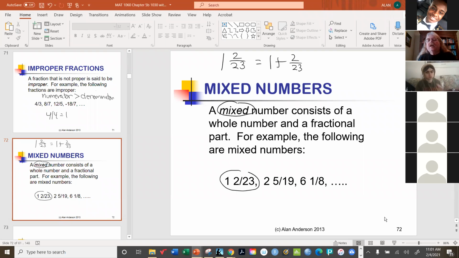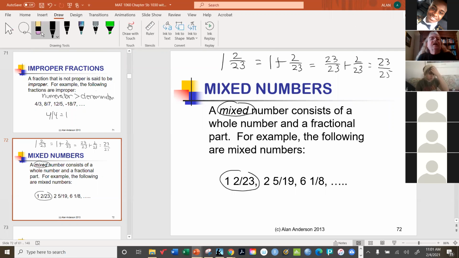The 1, I can write as any fraction that I choose as long as the numerator and the denominator are equal. So let's do 23/23. Is this statement correct? Sure. Yes. And so now we're going to wind up with 25/23. I got it backwards at first.